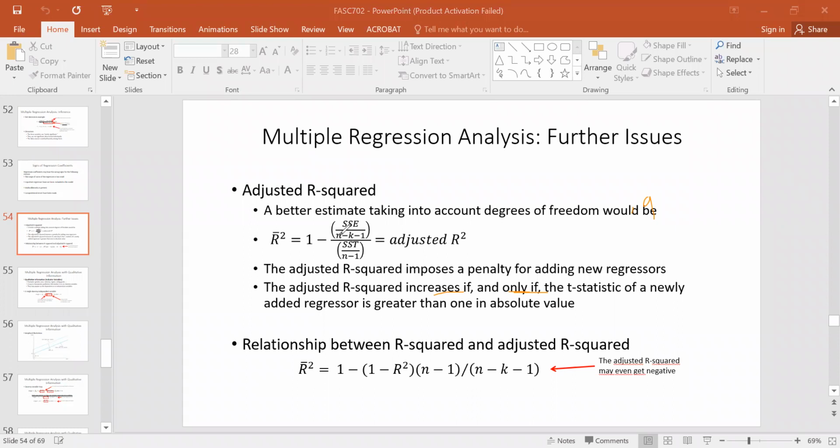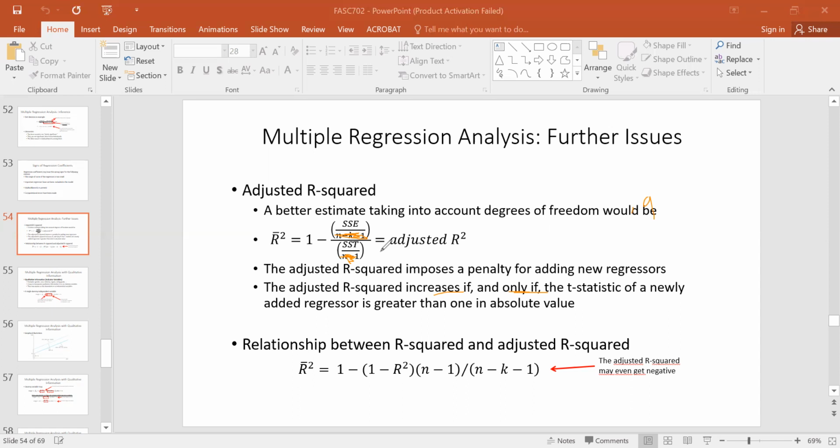If you erase this denominator and this part, what you are left with is the R square we learned last week, 1 minus SSR over SST: how much of the total variation in the dependent variable is explained by the independent variable.